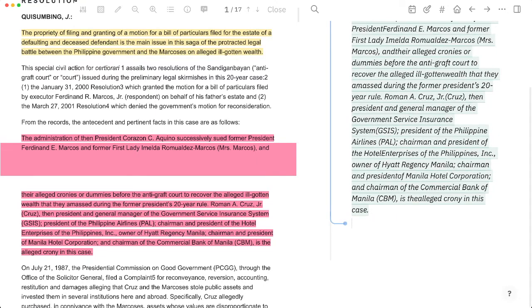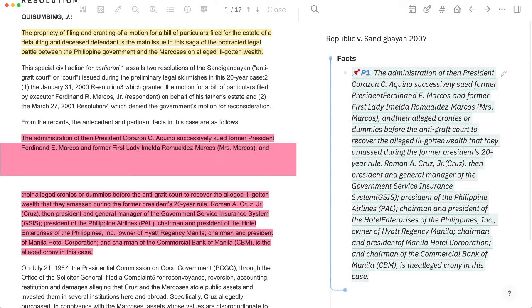So the administration of then President Aquino successfully sued former President Marcos and First Lady Imelda and the alleged cronies or dummies. Maganda ang highlight natin, no? Mas maganda.